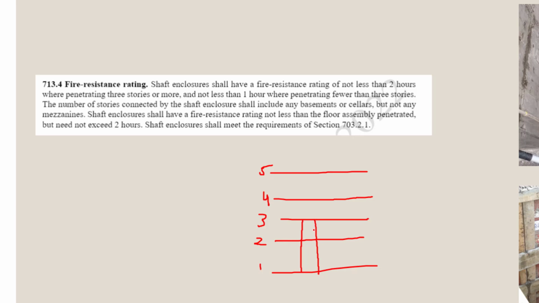So in this case, the shaft rating would have to be just 1 hour, as it's penetrating fewer than 3 stories. Now if we extended it to the fourth floor, now we're penetrating the third floor and second floor. So it still would be 1 hour since it's fewer than 3 stories.